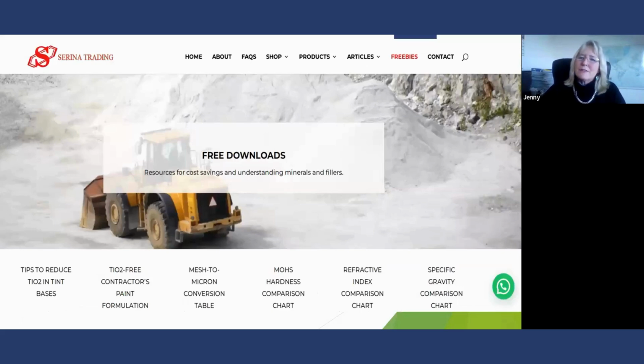And then another resource we have on our website we call freebies, which are free downloads. For example, you can get the mesh to micron conversion chart that I was talking to you about. You can also get the Mohs hardness comparison chart that I showed you.